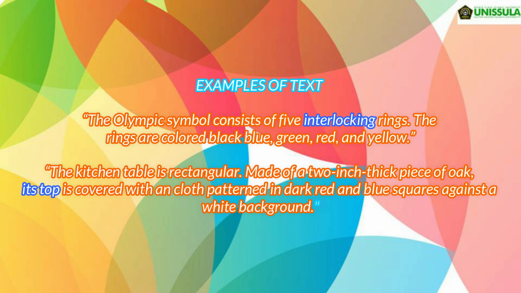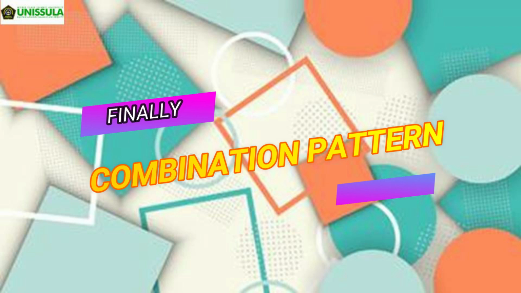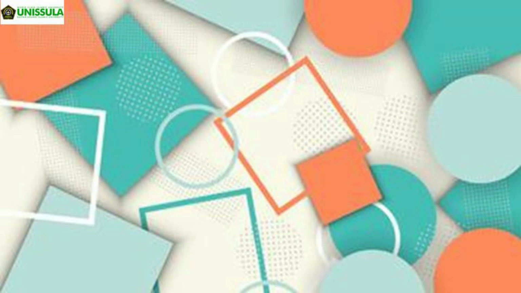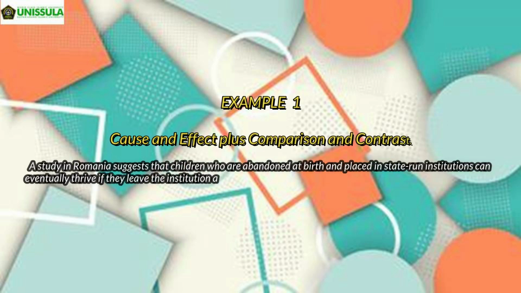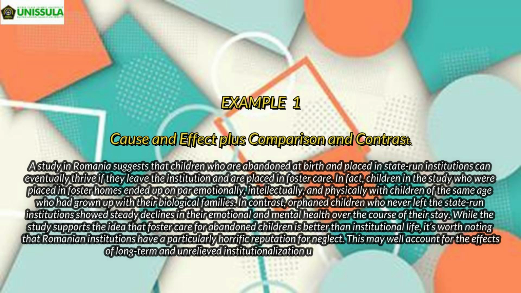After you know the 13 patterns of organization, the definitions, the signal words used, and also the example paragraphs, I will also show you the combination of the patterns of organization. I give you an example of two patterns becoming one, for example, the combination of the cause and effect pattern plus the comparison and contrast pattern.